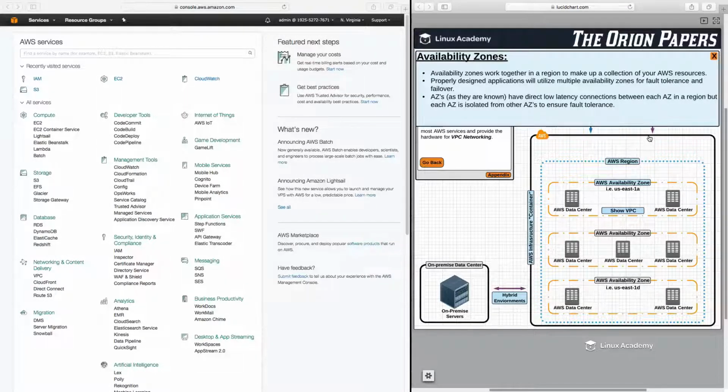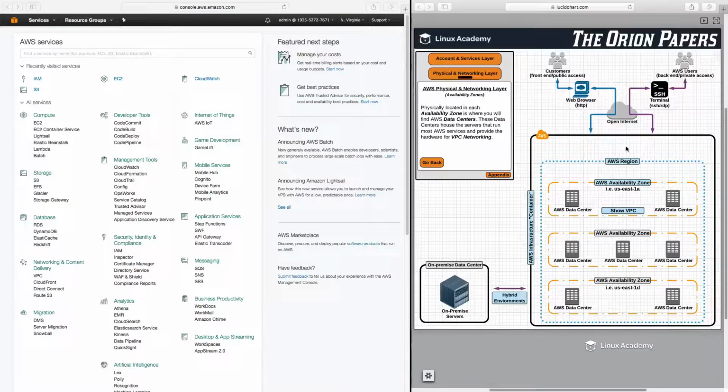Then within each availability zone, there are then multiple data centers which are also physically separated from each other. And then they are all connected to each other through high speed, low latency connections so that if you store something, say in an S3 bucket in this availability zone in this data center, it is going to be synced across other availability zones and other data centers as a part of S3's commitment to durability and availability.